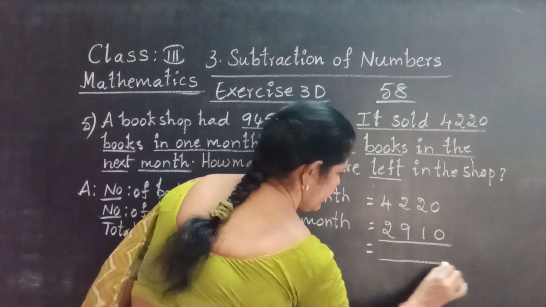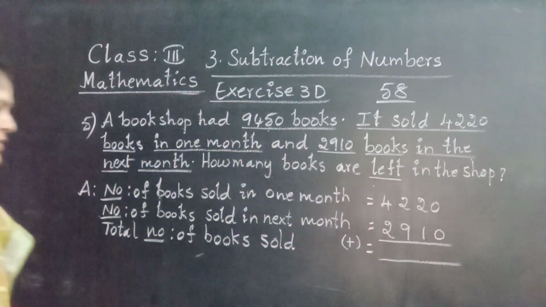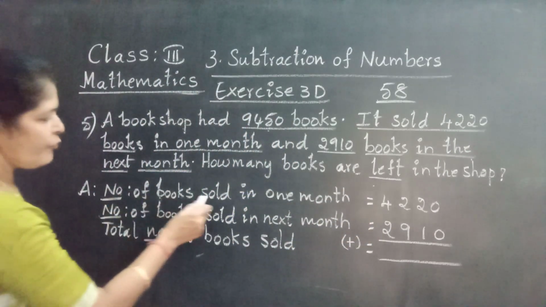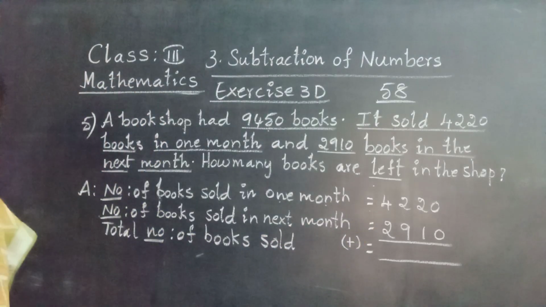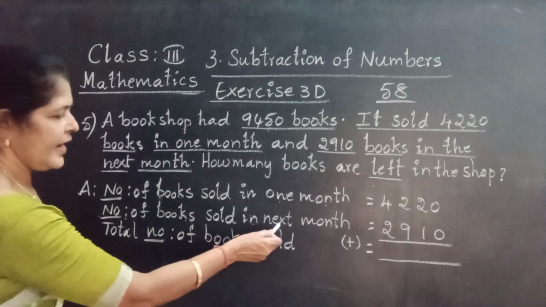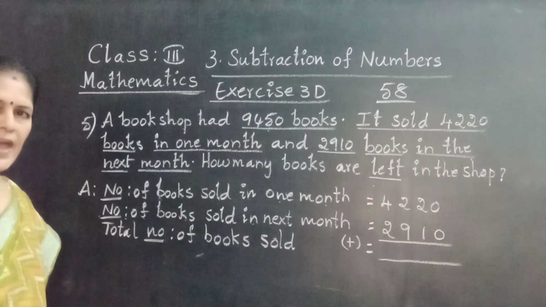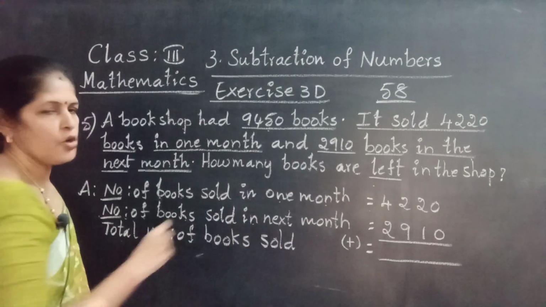Addition. Good. Put the plus symbol. Come on, check the words. Number of books sold in 1 month equals 4,220. Number of books sold in the next month, 2,910. Next, total number of books sold.